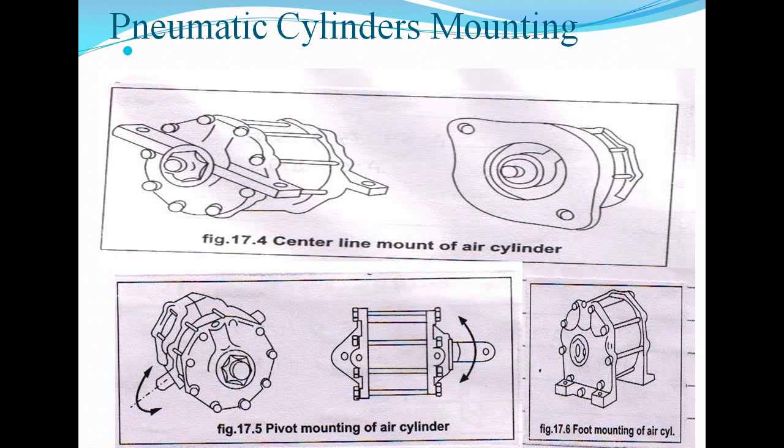Next is foot mounting of the air cylinder. We can foot mount the air cylinder or air actuator here. We will be having an L bracket, so we can tighten this air cylinder to the ground. So this was about pneumatic cylinder mountings.